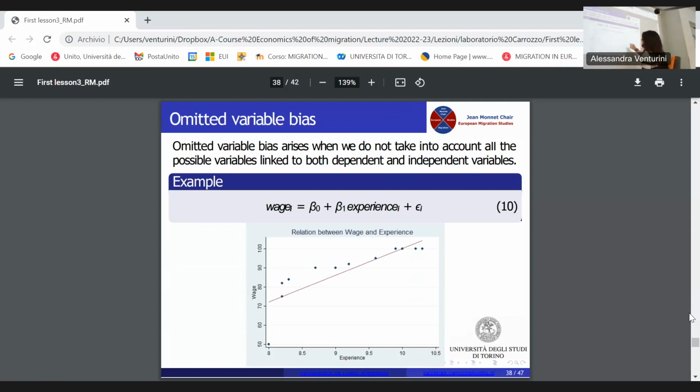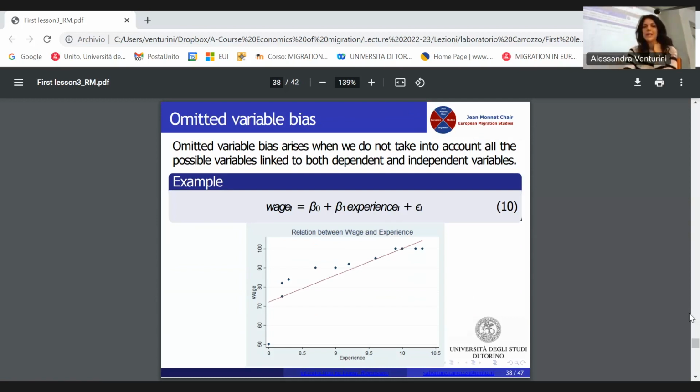An important point here is that this is a linear relationship. But we can see that some points are out of this line, so maybe the errors are large because these points are very far from our solid line.